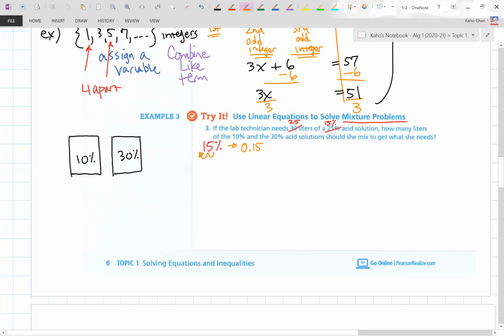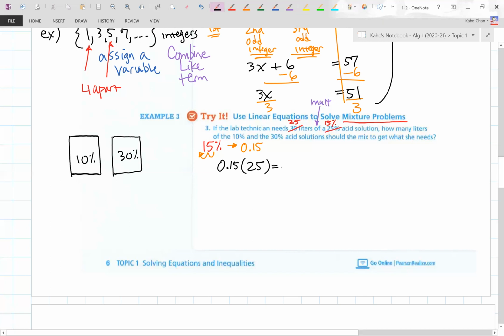Now, when you want 15% of 25 liters, of means to multiply in math. Let's do the setup there. Ready? 0.15 of 25 liters will give you what you need for one side of the equation.